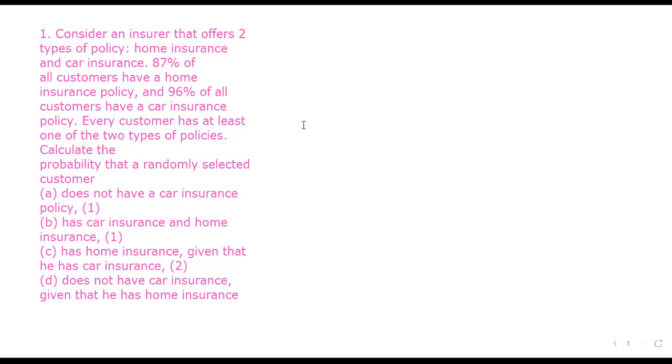So from what we've learned, let's do it bit by bit. There are two insurances. There's home and what? There's car. So we can say home insurance and probability of what? What letter can we choose? H. Car insurance, what letter can we use? C. Okay. Great.